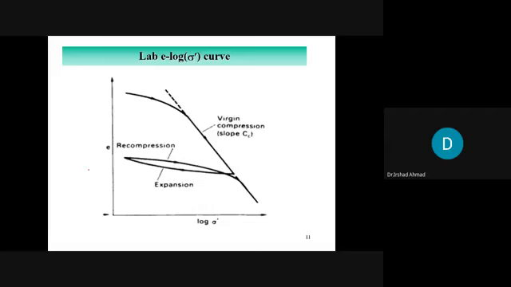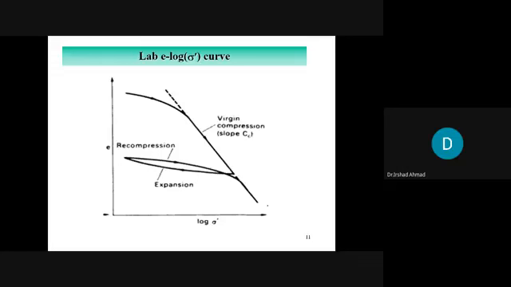You see, the same data when plotted, you have a curved path, then a straight line, then an expansion curve, and then recompression curve, but by the time it reaches the same stress level, it becomes linear, right?